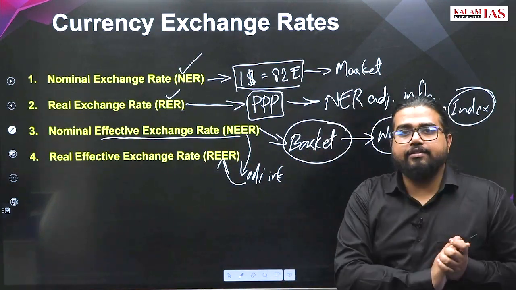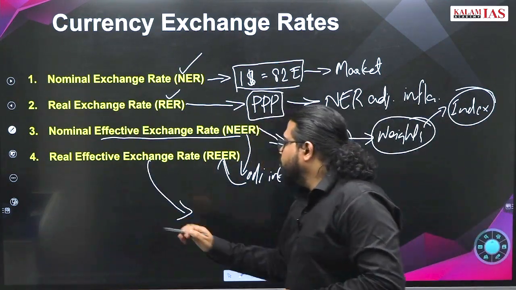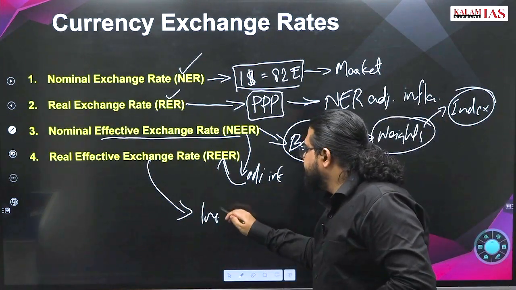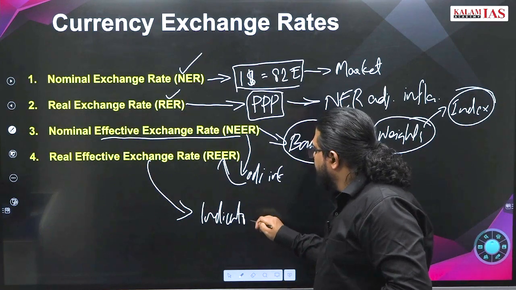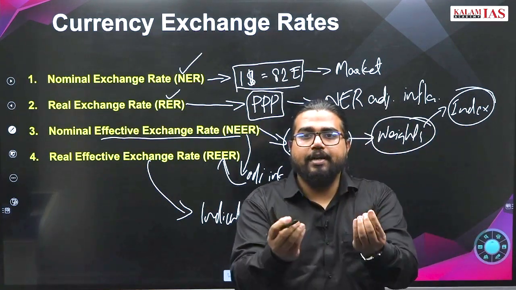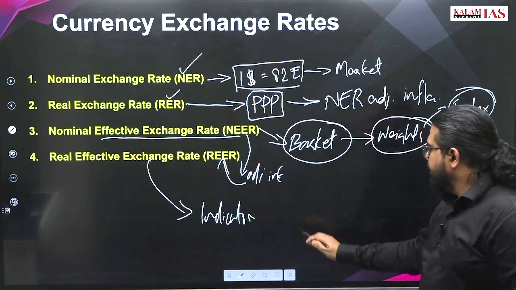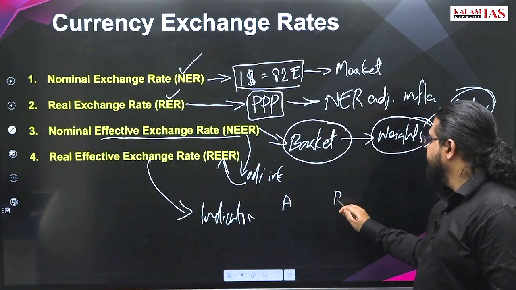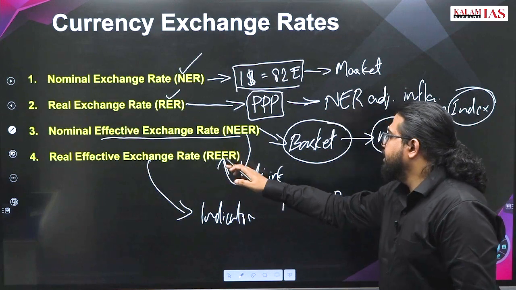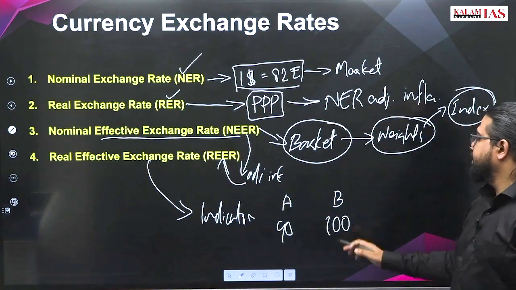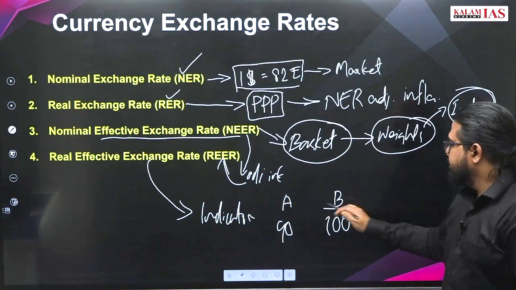real effective exchange rate. Now, what is the importance of real effective exchange rate? It is an indicator which says how much money you have to spend to produce the same product in different economies. Suppose we have two economies, A and B. Here we have the real effective exchange rate as 90. Here we have the real effective exchange rate as 100.